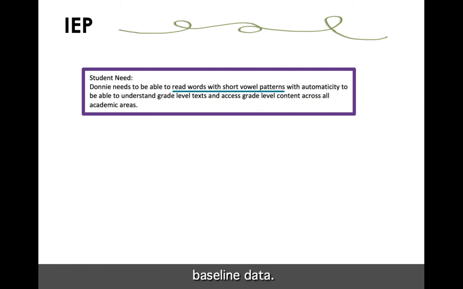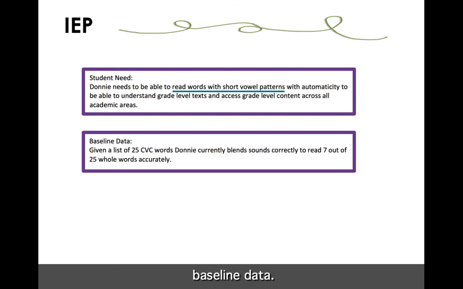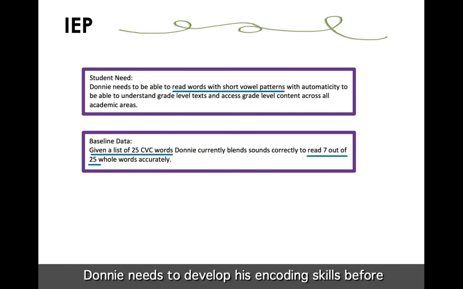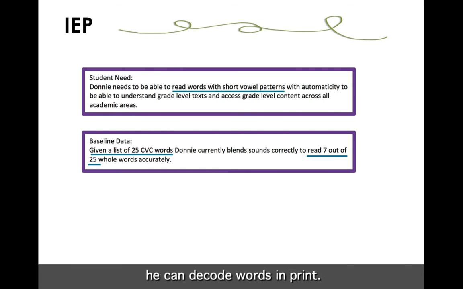Next goes the baseline data. Given a list of 25 CVC words, Donnie currently blends sounds correctly to read 7 out of 25 whole words accurately. Donnie needs to develop his encoding skills before he can decode words in print.